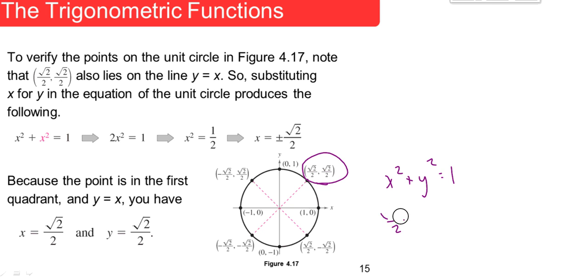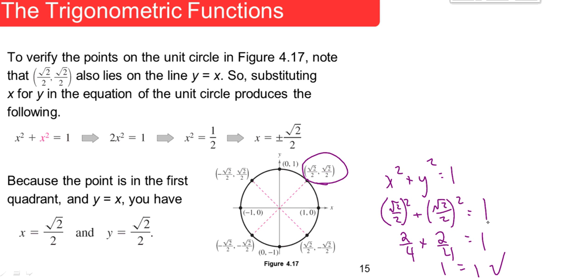The square root of 2 over 2 squared plus the square root of 2 over 2 squared equals 1, and just validating that that is the case. The square root of 2 squared is 2, and 2 squared is 4, so you get 2 fourths plus 2 fourths, which is 4 fourths, or 1. So we get 1 equals 1, and yes, it is true.